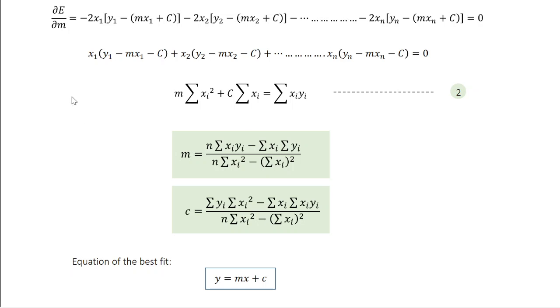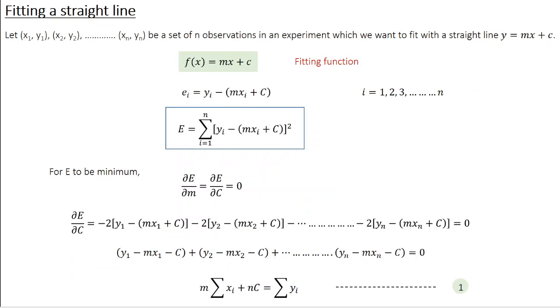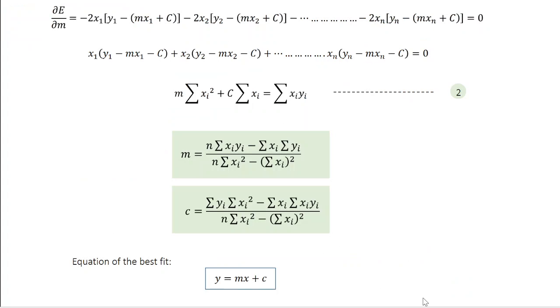So you have two unknowns, m and c. You also have two equations, 1 and 2. Two equations, two unknowns. You know how to solve this. When you do that, you get the unknown constants: m equals n into summation over i xiyi minus summation over i xi into summation over i yi, divided by n into summation over i xi square minus summation over i xi whole square.